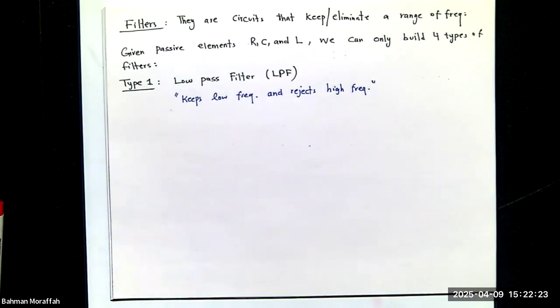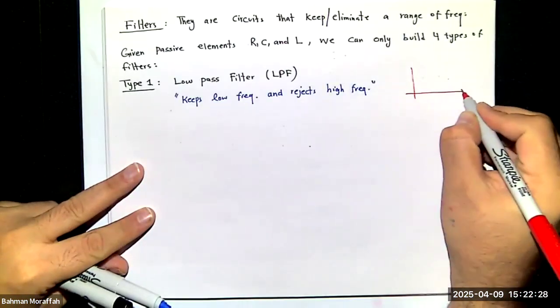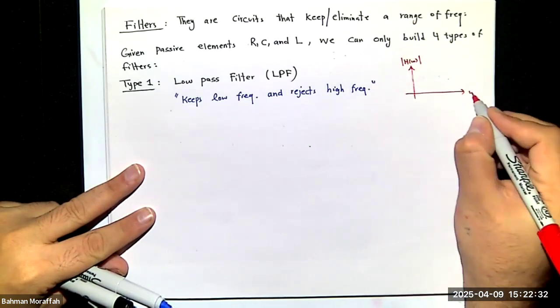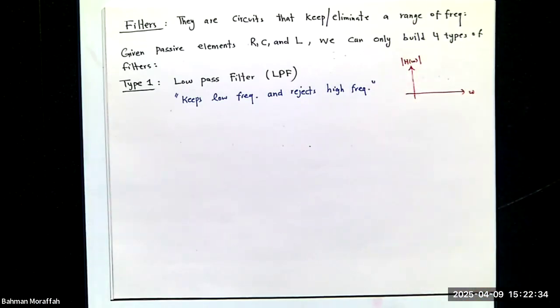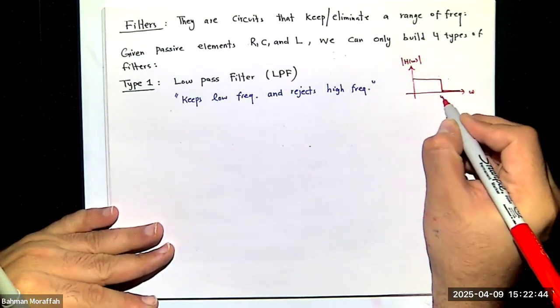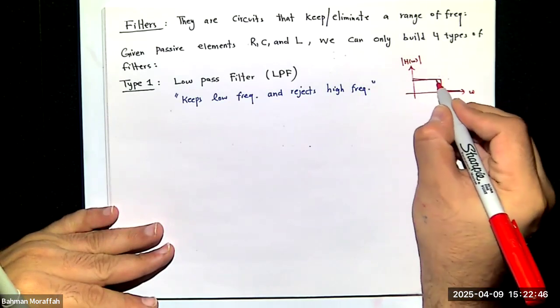If I want to draw it pictorially, if I look at the magnitude of H of omega versus omega, what I want to do is keep low frequencies and reject high frequencies. So it should look like this for some frequency omega c.